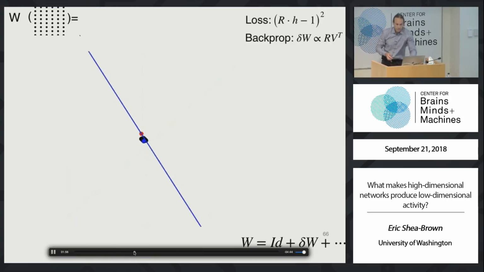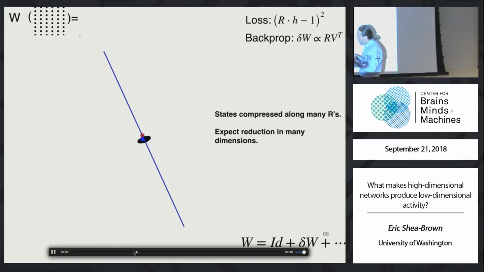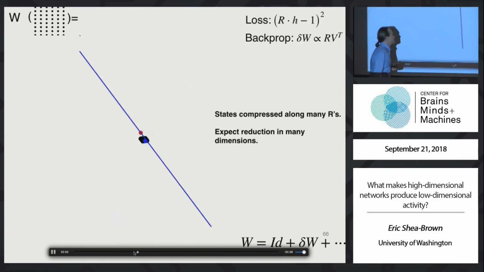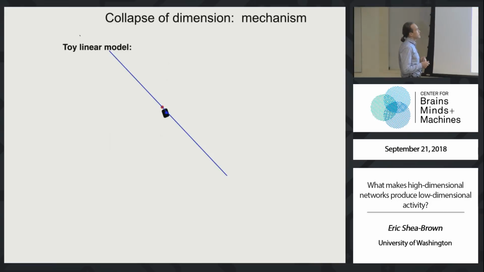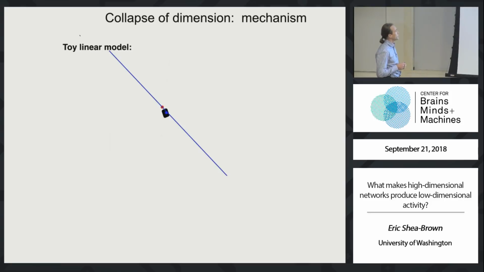So that if I run this forward through time, I'll have compression of all of the dimensions at once. We think this is the mechanism that underlies compression in recurrent networks, even when you see no reason for this compression to occur according to the original definition of the classification problem.